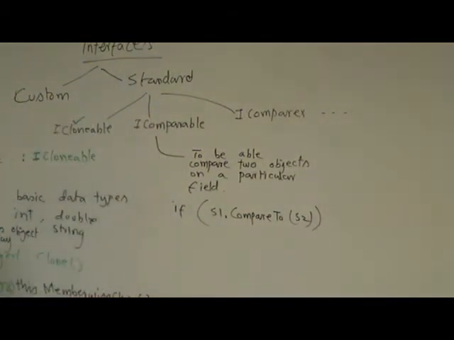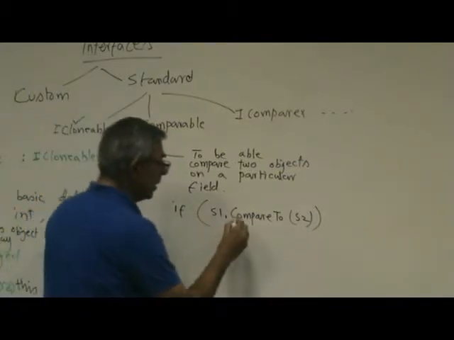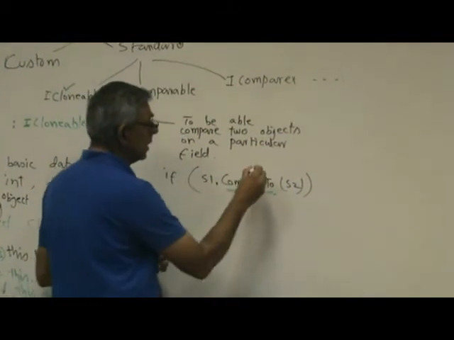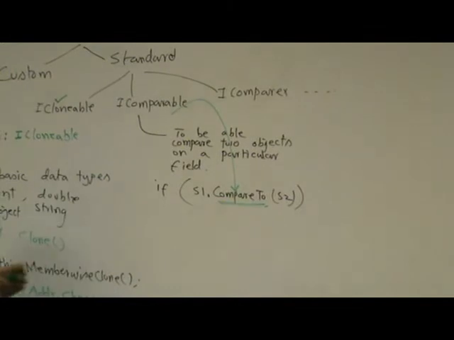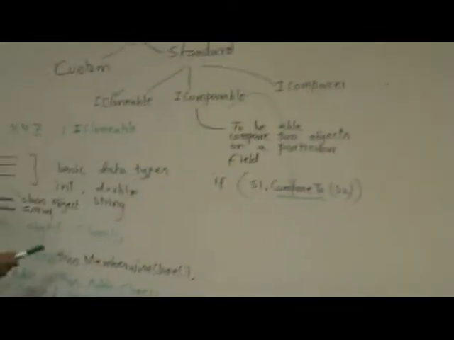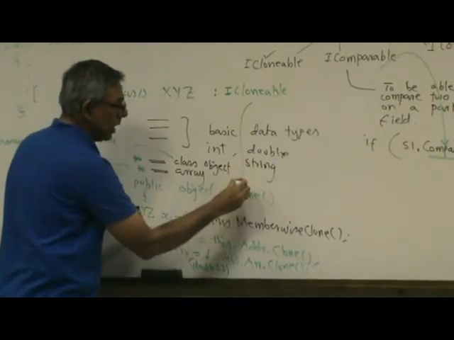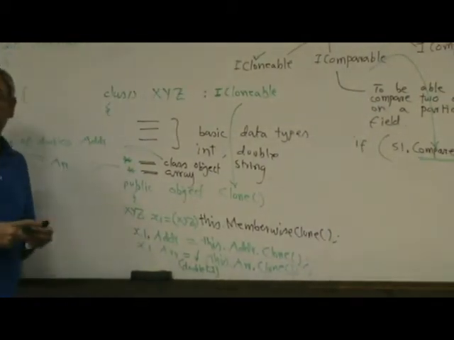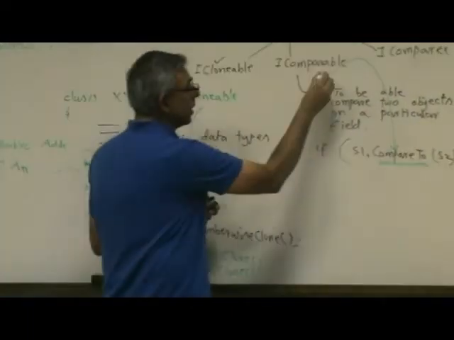So whether S1 is greater than S2, or S1 is less than S2, or S1 is equal to S2, right? So the way the CompareTo method is provided to us is it's part of the IComparable interface, very similar to how Clone is part of the IClonable interface, right? So very similarly, CompareTo is part of the IComparable interface.